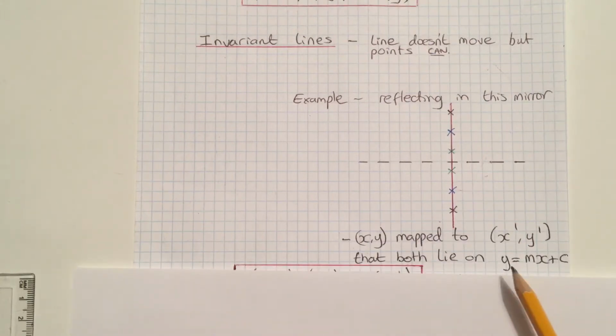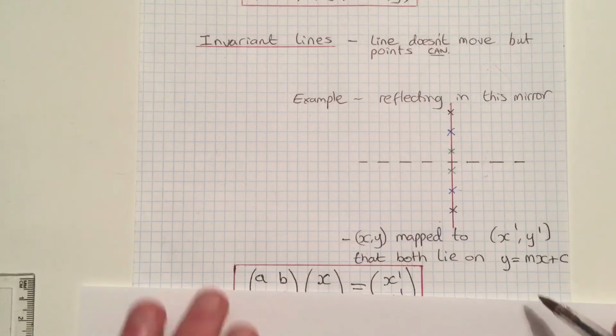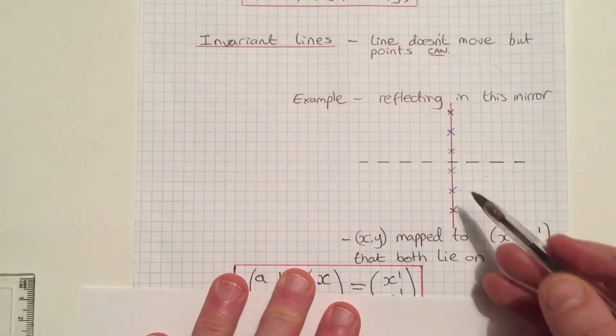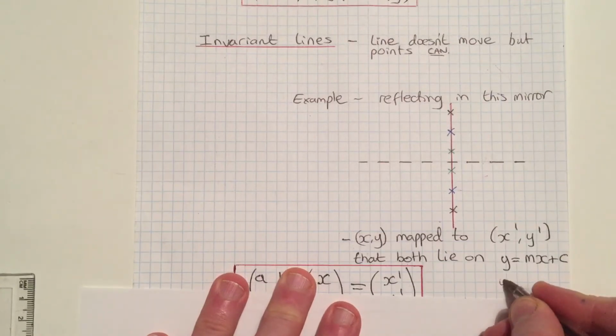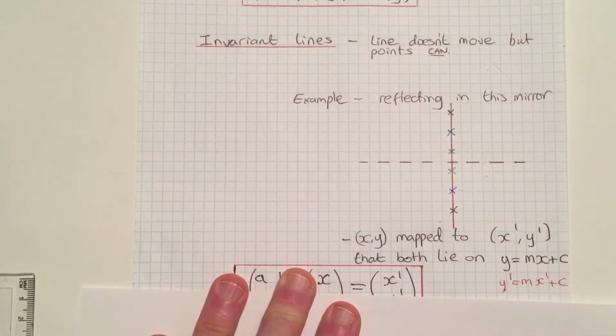Now this is the key thing then. Because it's an invariant line, both x, y and x dash, y dash, that coordinate is on this line as well, so both will obey the equation of that line, y equals mx plus c.